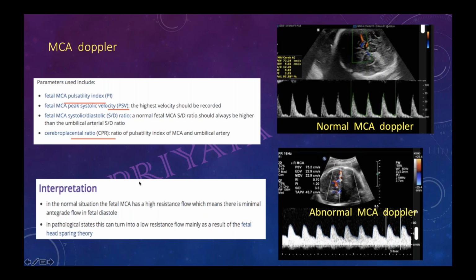Okay, so it's like what I just explained about the brain sparing effect. If the brain sparing effect has started in SGA babies, then it will be picked up by the MCA Doppler. So here it is an abnormal Doppler, but there is no need to know what the abnormality is, because nobody is asking you that. Only a brief understanding is required for that guideline.